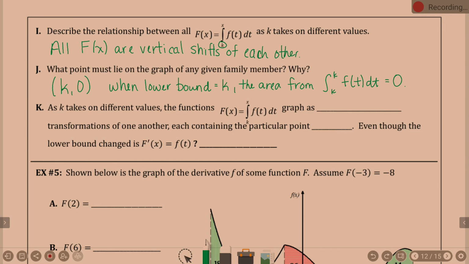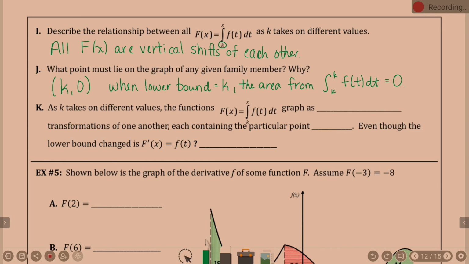Okay. Let's see if we can do some fill in the blank. Part K. As K takes on different values, the functions capital F of x equals the integral from k to x of f of t dt graph as blank transformations of one another. What kind of transformations would you say there?